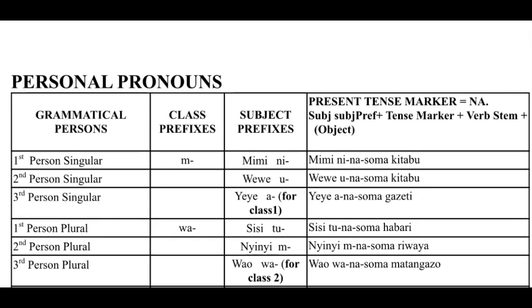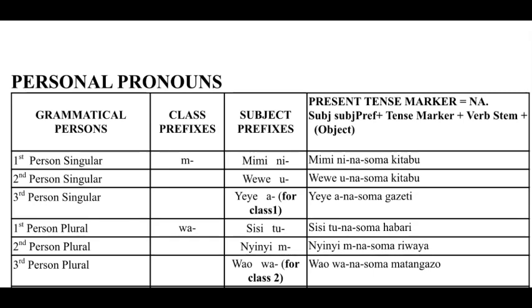You will see that there is a first person, a second person, a third person, all in the singular category. And then we have a first person, second person, and third person, all in the plural category. All these, because they are nouns, belong to a class. And these persons have what is known as subject prefixes, which makes Kiswahili a unique language.